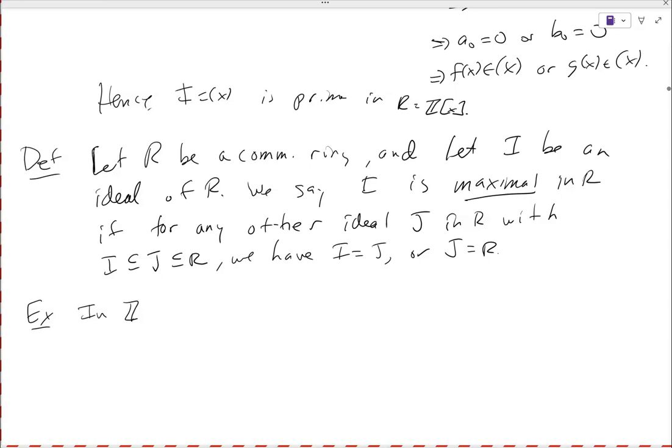In Z, all prime ideals except the ideal generated by 0 are maximal. Notice that the ideal generated by 0 is a prime ideal in an integral domain? Think about why.